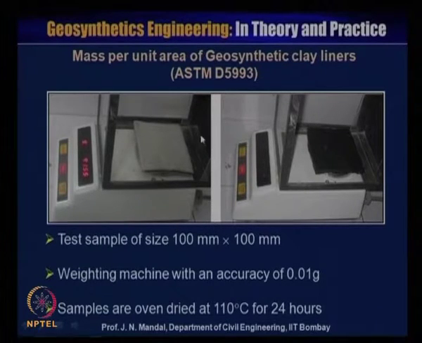This is the test sample of size 100 millimeter by 100 millimeter, and you put it on a weighing machine with an accuracy of 0.01 g, and samples are oven dried at 110 degrees centigrade for 24 hours.